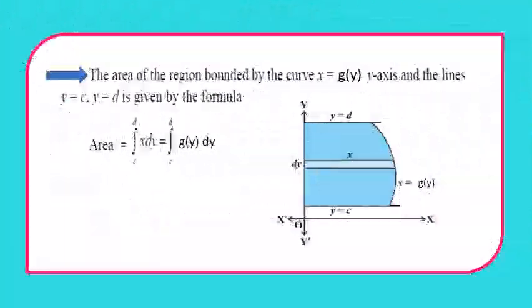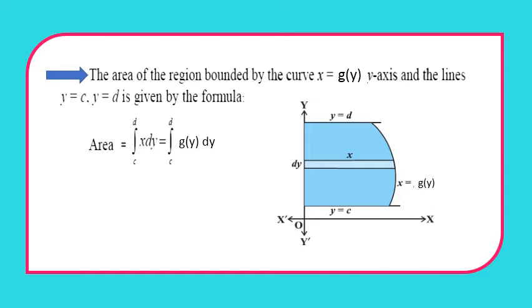Now if you look at this figure, we have a curve x equals g(y), and here the lines are y is equal to c and y is equal to d, and it is bounded by the y-axis. So again we will divide the area into small rectangular strips. Here the length will become x and the breadth will become dy, since it is very small on y-axis. So the small change is dy. So the area of one rectangle will be equal to what? x into dy.